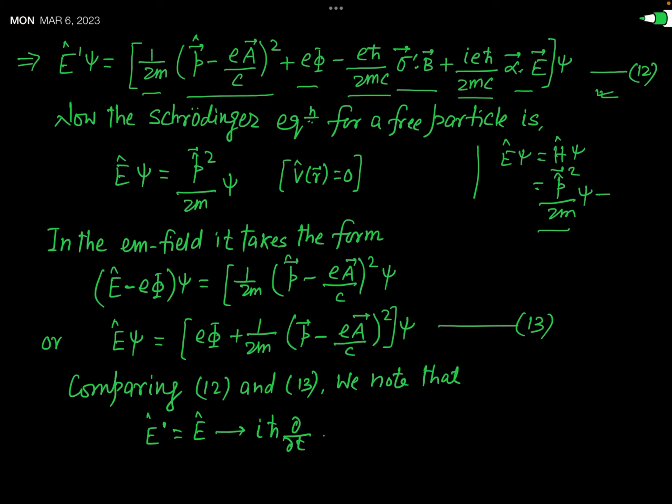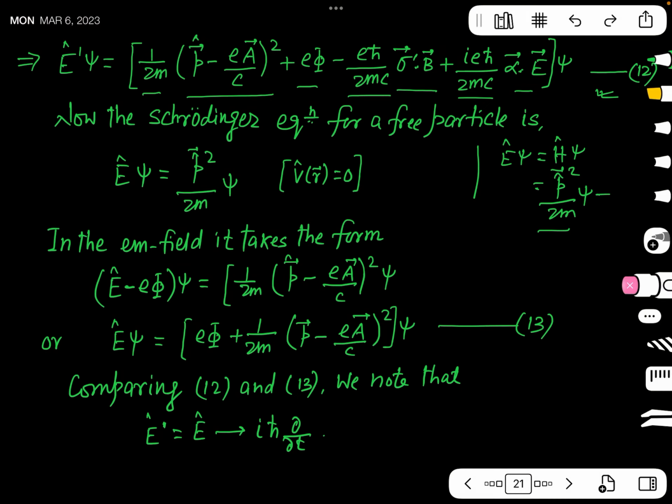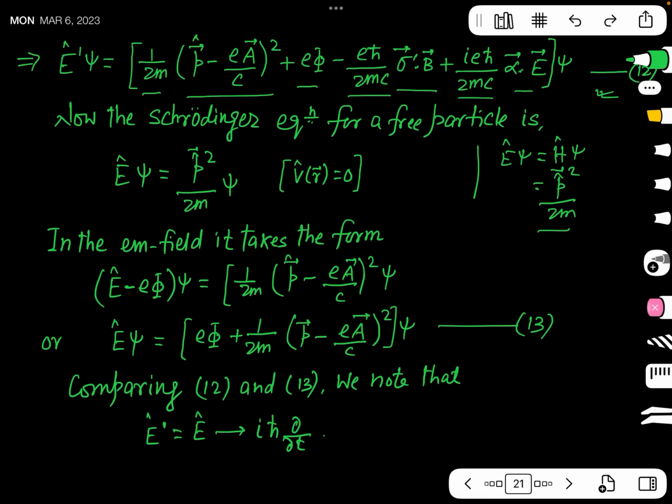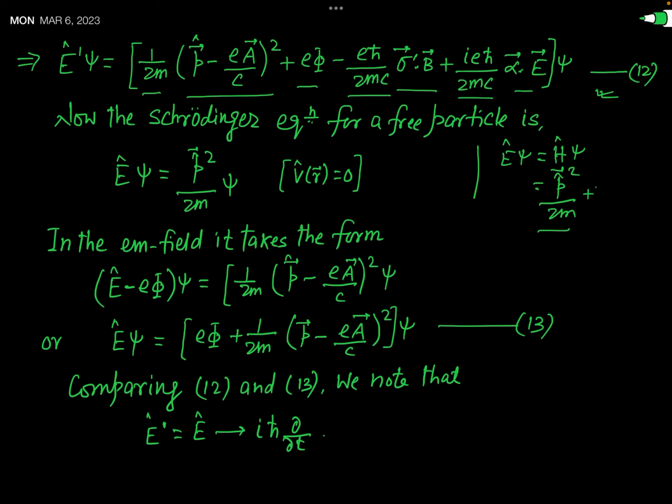The Hamiltonian will be P hat square over 2m plus V of R, and that will be operated on psi. But as we are considering a free particle, meaning a particle free from interaction, the potential function vanishes, it is 0.